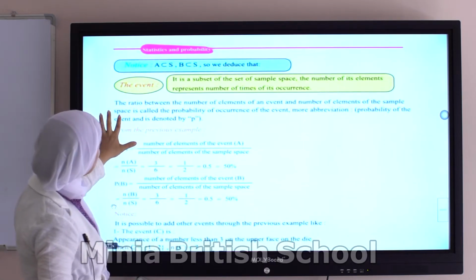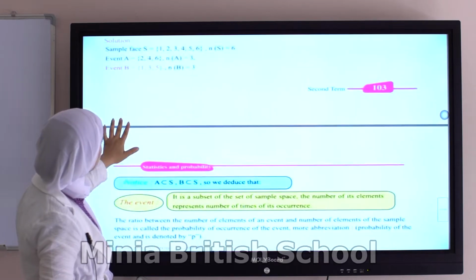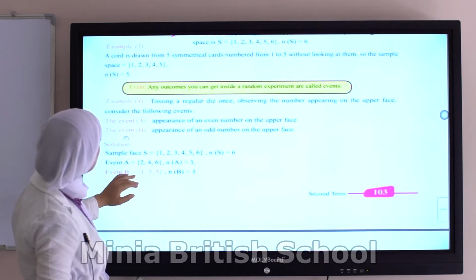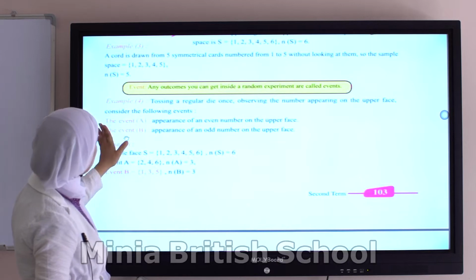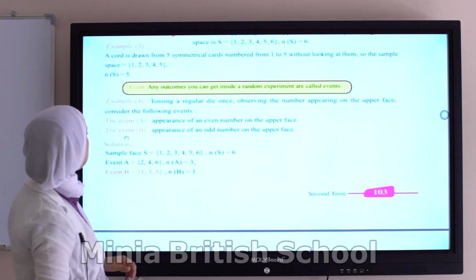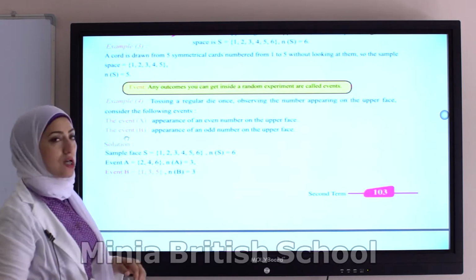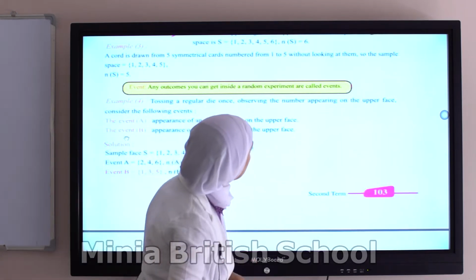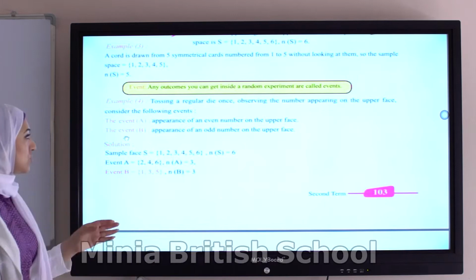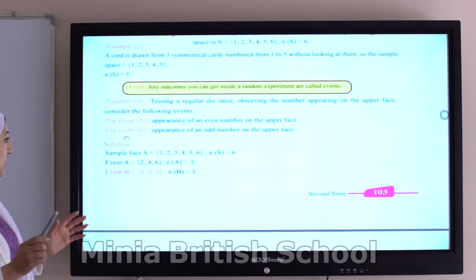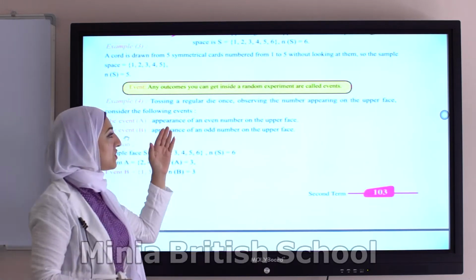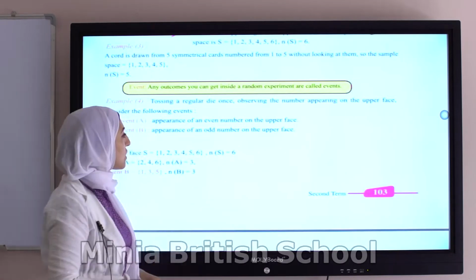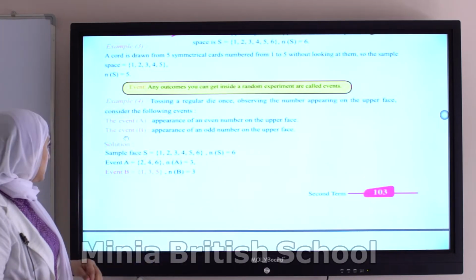So here, from this exercise, we have event A and event B. The example was tossing a regular die once, observing the number appearing on the upper face. Consider the following events. Event A: appearance of an even number on the upper face.